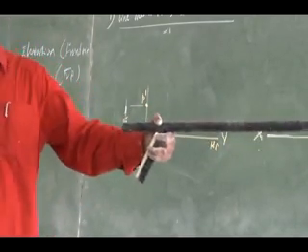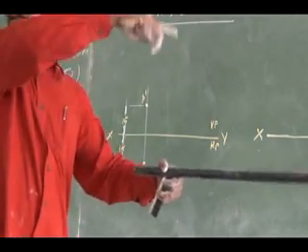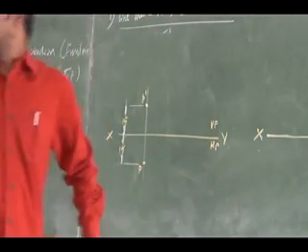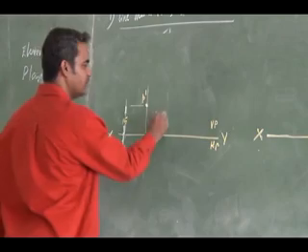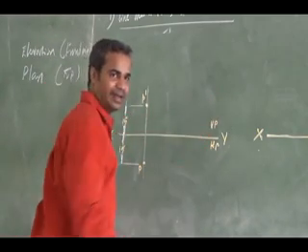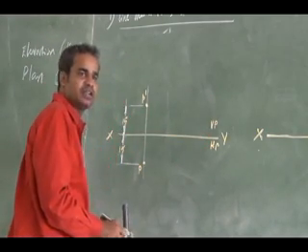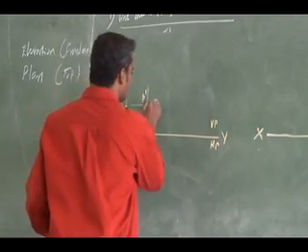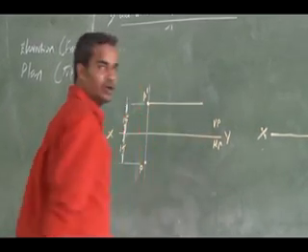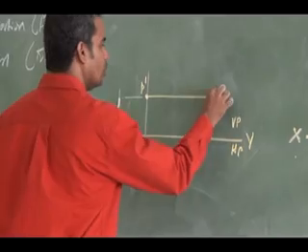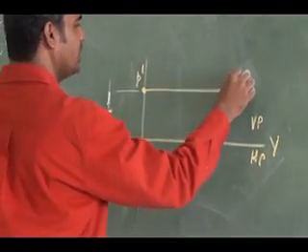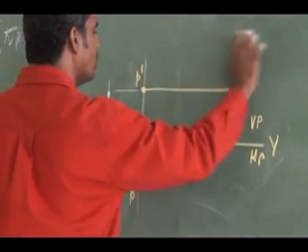In this case, the front view will be a straight line, parallel to the reference line. Parallel to the reference line, I will obtain a straight line of its true length, 50 mm. Say it will be my Q dash.